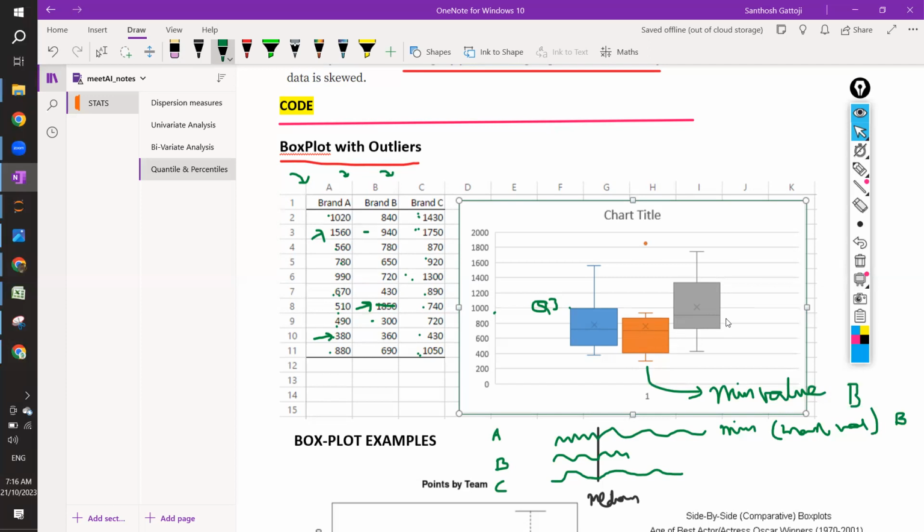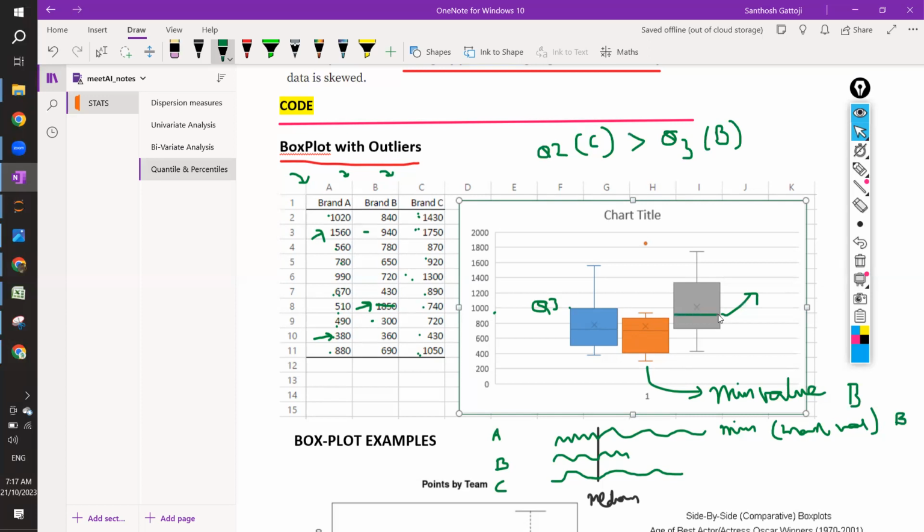Fine, so you can do this comparison, and you can also clearly understand, see this observation, the median of C is greater than, see, median or Q2. Fine, so Q2 of C is greater than Q3 of B, this line.